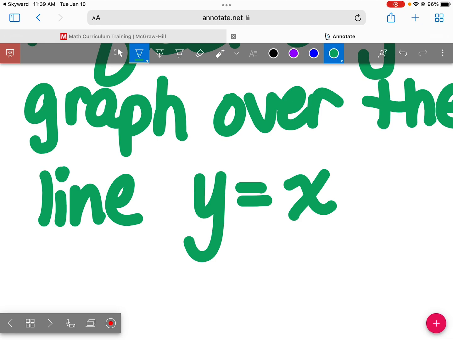First way I have to find an inverse, if I have just a whole bunch of ordered pairs, I can take each of those ordered pairs and switch x and y. If they give me a graph, I can take that graph and reflect it over that diagonal line. So I could fold my graph on that diagonal and I could trace through.